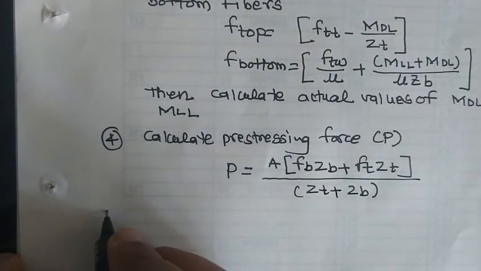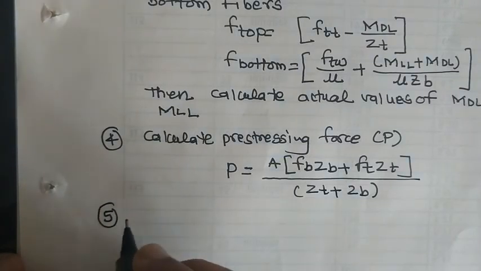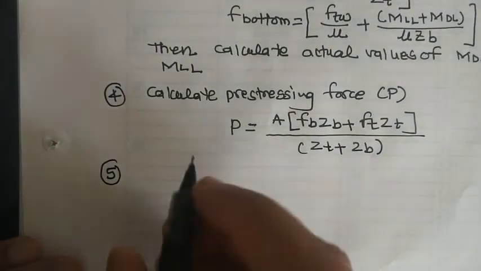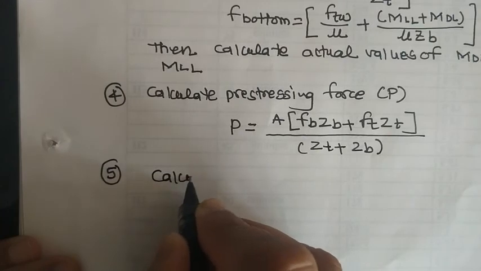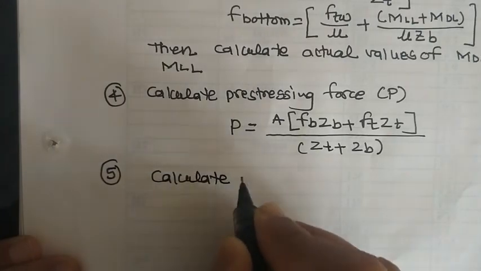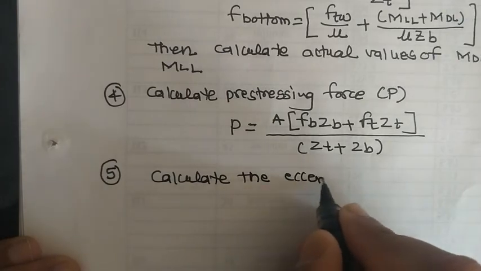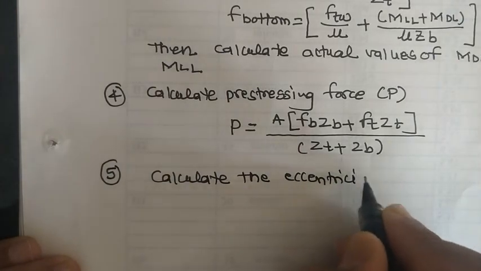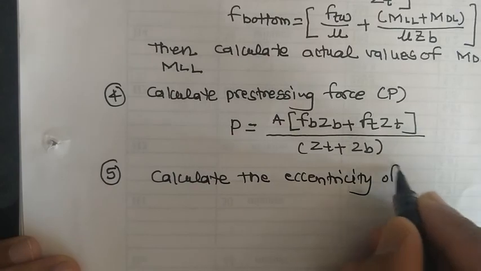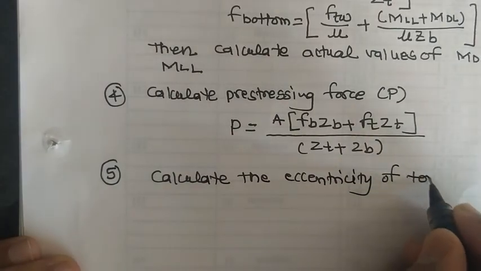And last step, step number 5, calculate the eccentricity of tendon.